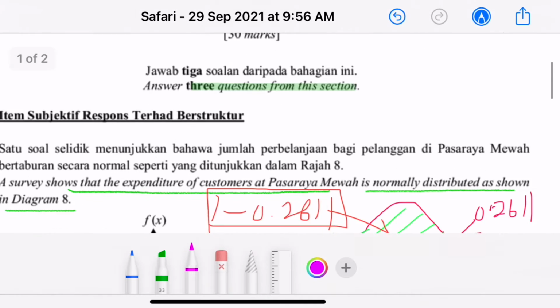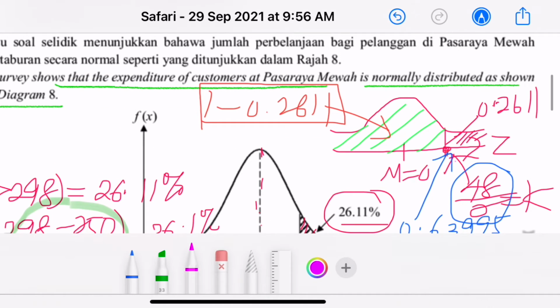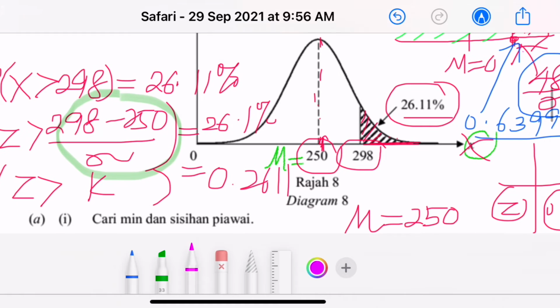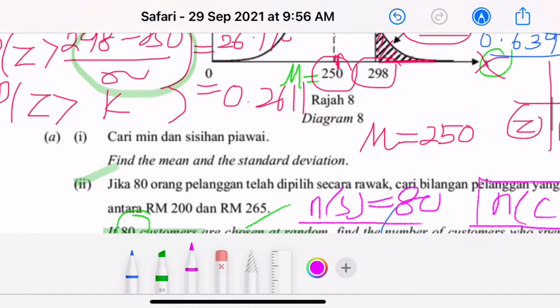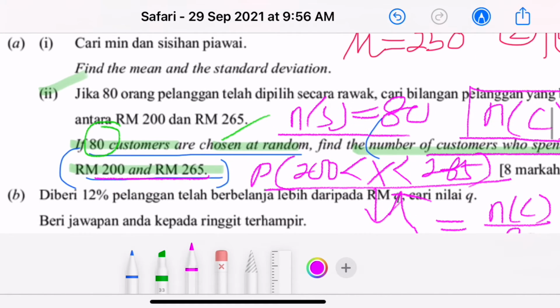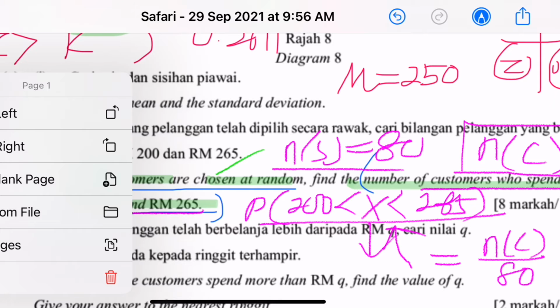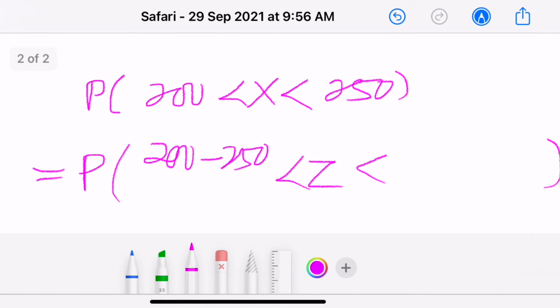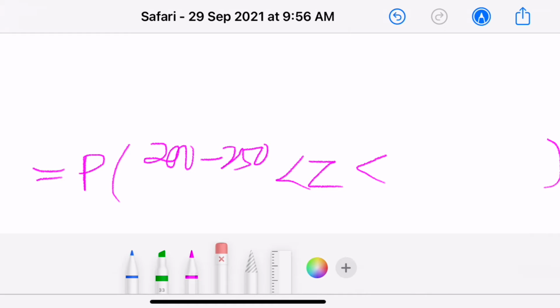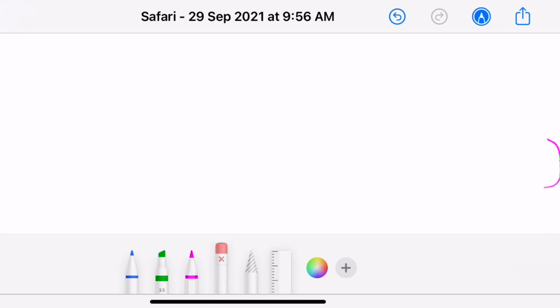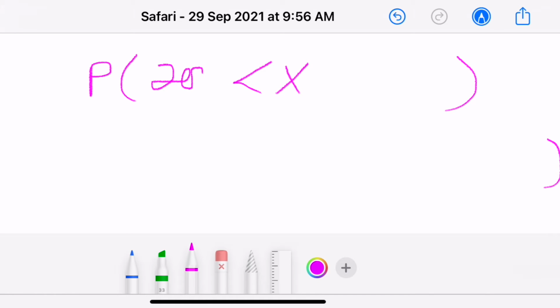The mean was given, 250, right? Okay, let's start again. So we are going to find the probability for x from 200 to 265.